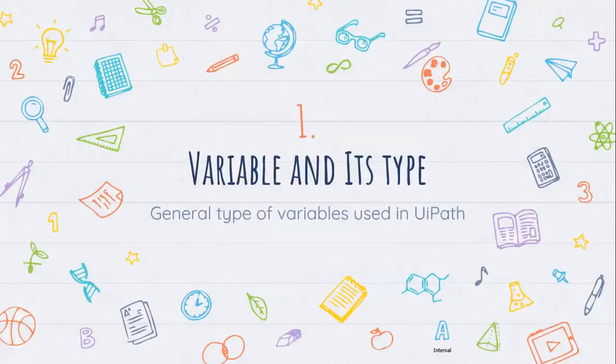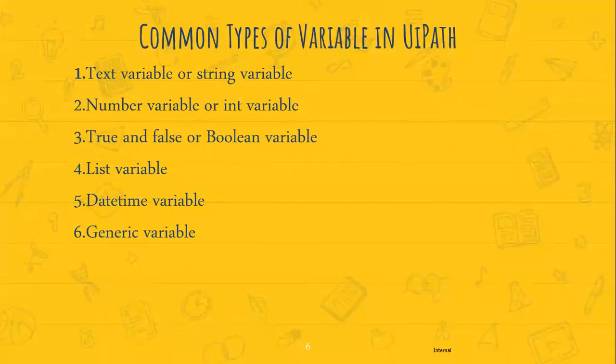So now let's understand what types of variables you have in UiPath. We will look only at those variables which you use day to day, not any random variables. Only a few types of variables are used in UiPath everywhere you automate. You will see either the value is text, or a number, or true and false, a Boolean type of variable.